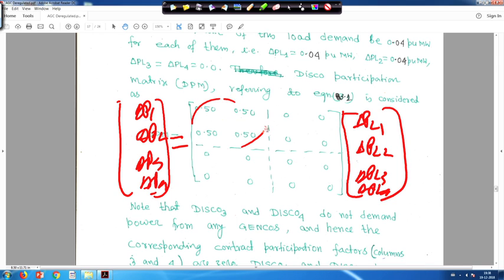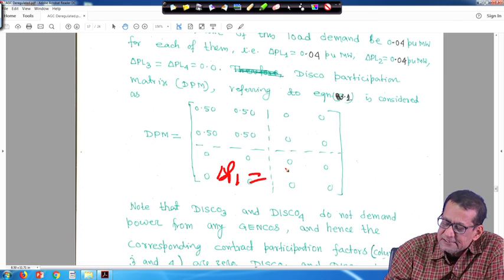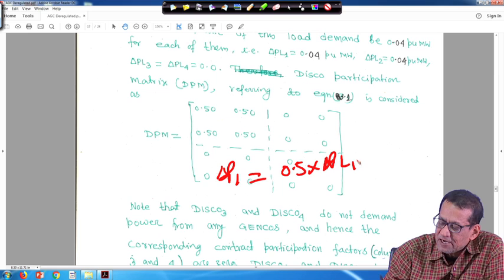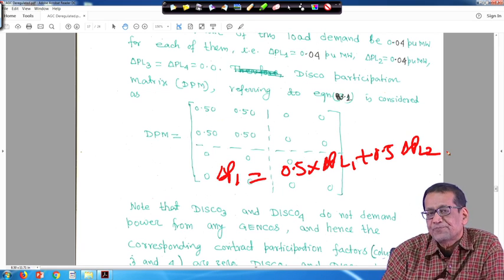The contract participation factor is given, and delta PL1 and delta PL2 are 0.04. Therefore, you can write directly from here that delta P1 is equal to 0.5 into delta PL1 plus 0.5 into delta PL2.